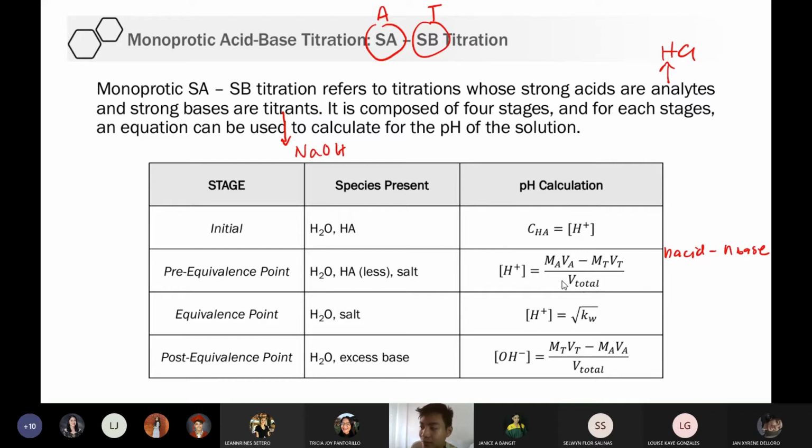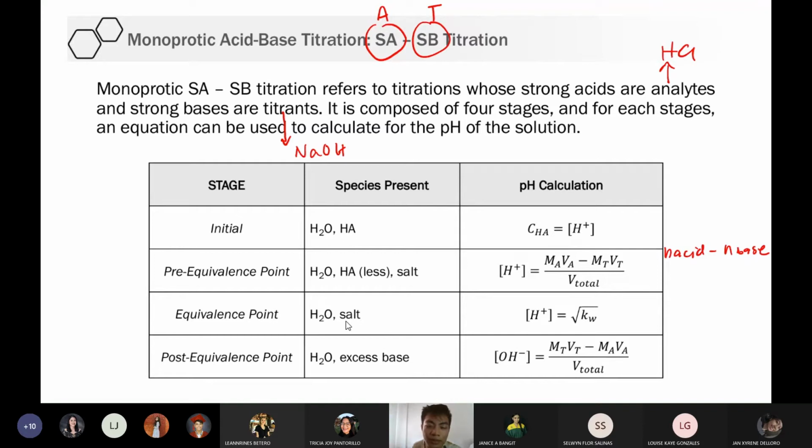Okay? So yun yun. Then, ano mangyayari? Dagdag ka pa titrant, what will happen? Marireach mo na yung tinatawag kong equivalence point. No? At equivalence point, what happens is that lahat ng acid mo na-convert na into salt. Okay? So yung acid mo wala na. Salt na siya. Okay?